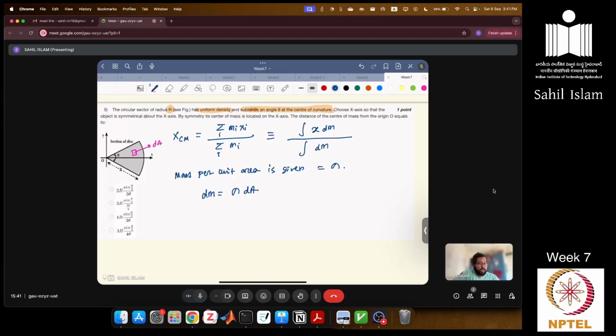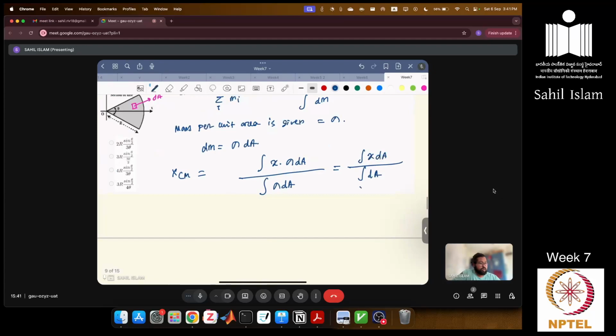Then we can write xcm as integral x sigma dA divided by integral sigma dA. If it is constant, uniform density, then sigma cancels and we have integral x dA by integral dA. So we will calculate both of them.